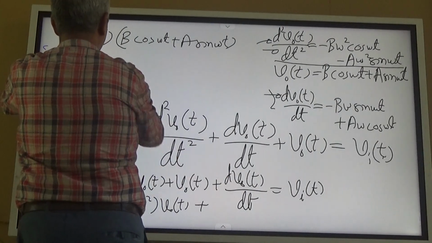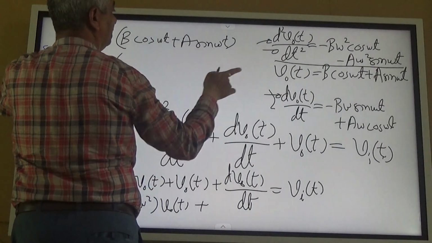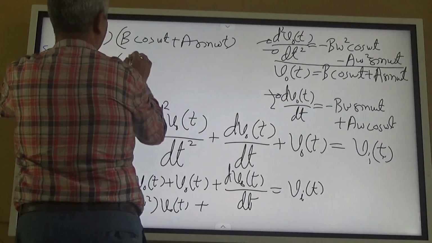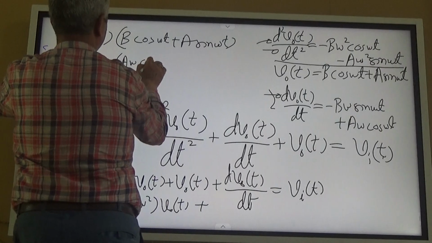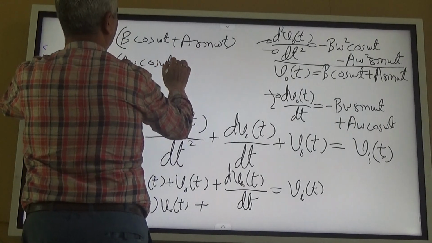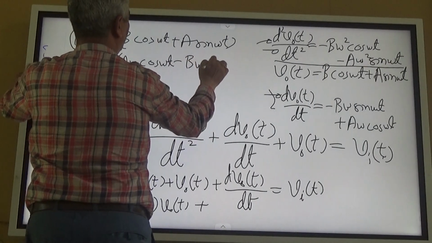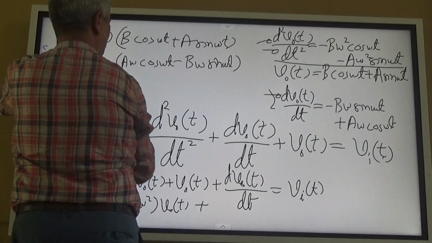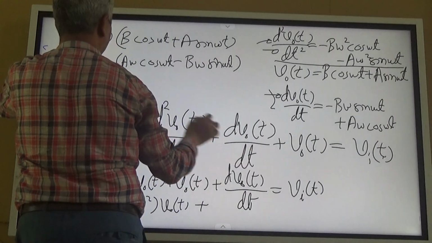What is dVOT by dt? Minus b omega sin omega t plus a omega cos omega t. While writing I write like this, cos one below other, minus b omega sin omega t is equal to V. What is V in t?